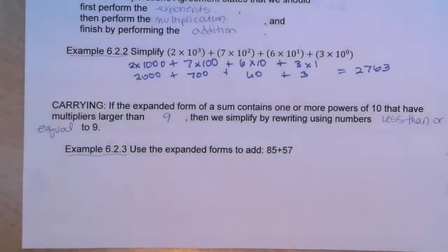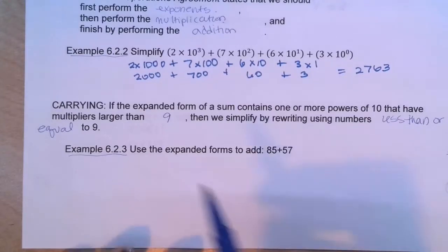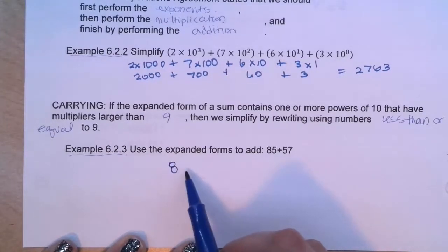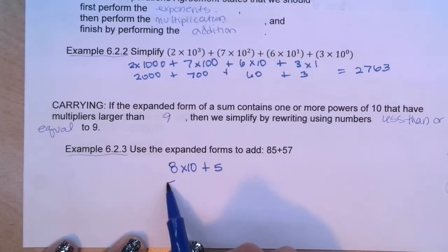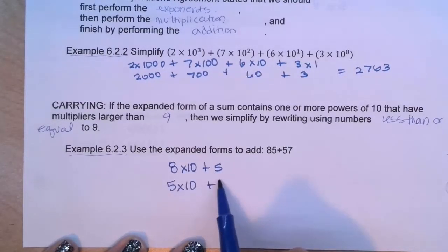In the next example, we use expanded forms to add numbers together. Our first step is putting these into expanded form. So we have 8 times 10 plus 5, and then 5 times 10 plus 7.